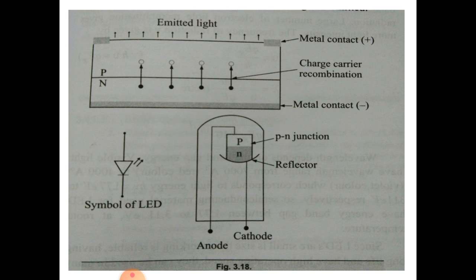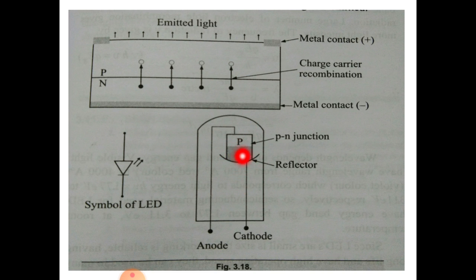This is a graphical representation of the construction of LED. This is a cylindrical glass or plastic enclosure in which the semiconductor PN junction is placed. This is the PN junction, an enlarged form of it. This is a concave reflector which reflects the light.